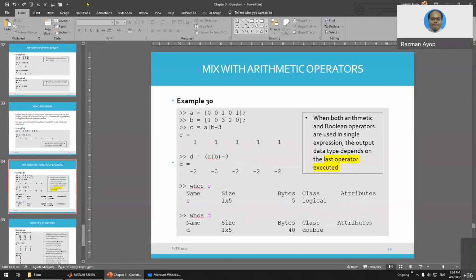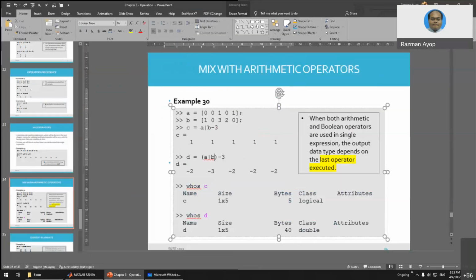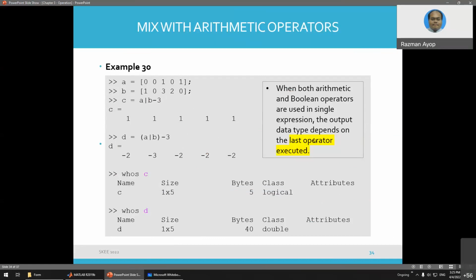Okay, how about this one? This one is also important. You can see here you have multiple operations. Instead of only logical, you also have an arithmetic operation. When this happens, let me make it larger, your answer always shows the last operation executed.